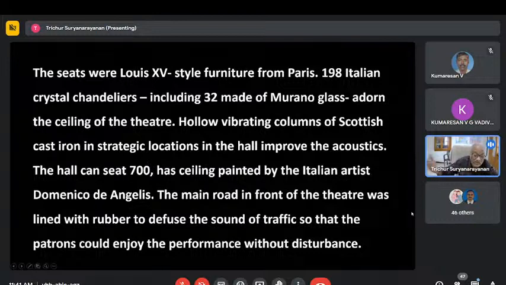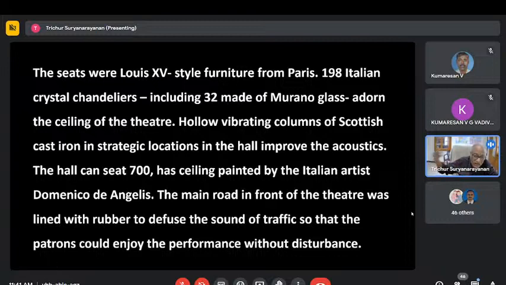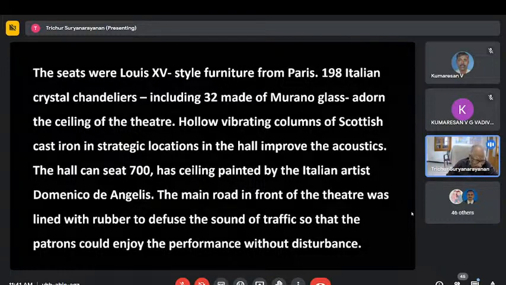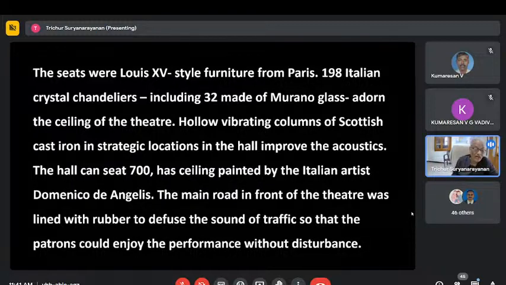That way, because of the vibrations, the acoustics improved. The hall can seat 700 people. It has a ceiling painted by the then Italian artist Domenico De Angelis. He came all the way from Italy to paint these ceilings.